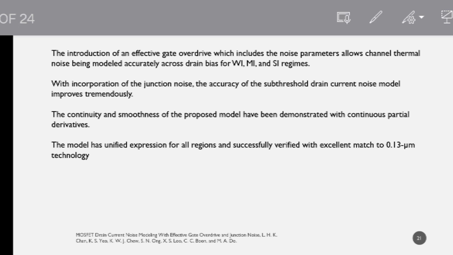The continuity and the smoothness of the proposed model have been demonstrated with continuous partial derivatives. And finally, this model has a unified expression for all regions and is successfully verified with excellent match to 0.13 micrometer technology.